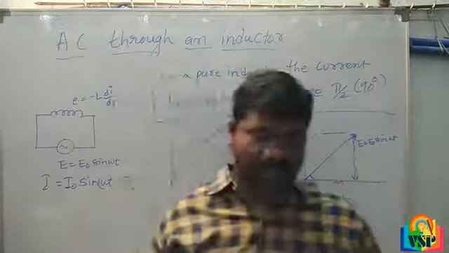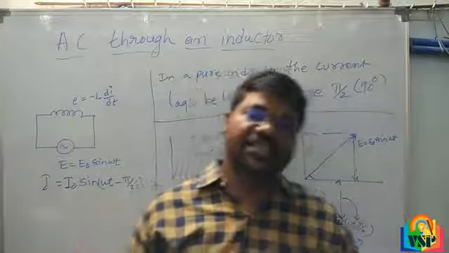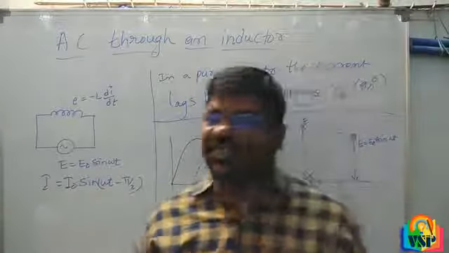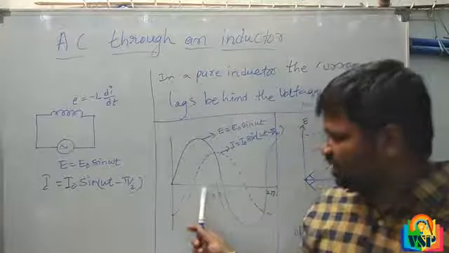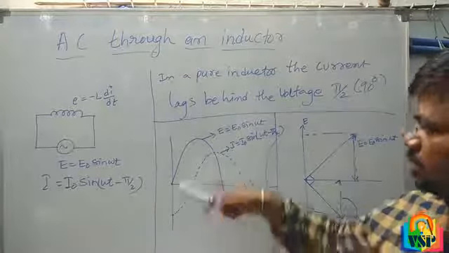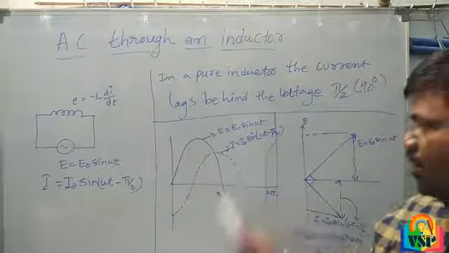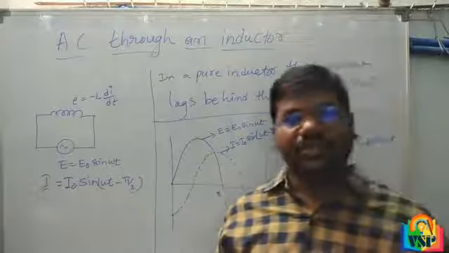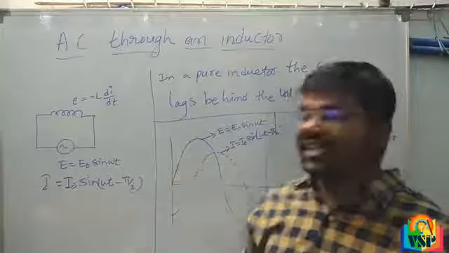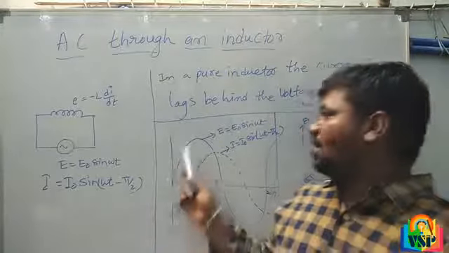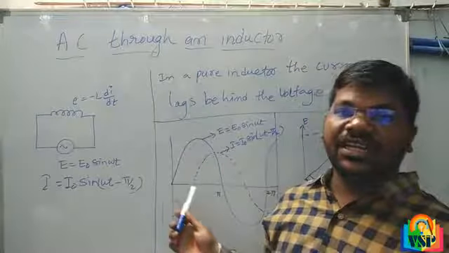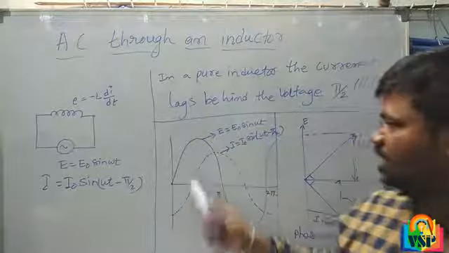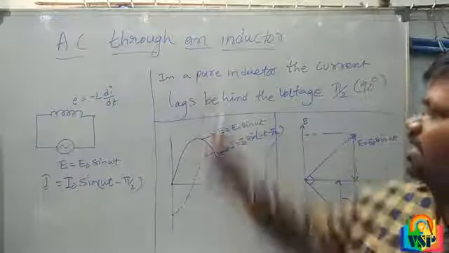In a previous year CBSE paper, they gave one diagram like this, simply an empty graph, and asked which line indicates what. The thick line indicates a curve. Curve A indicates what? Curve B indicates what? If you know this, it is for an inductor.